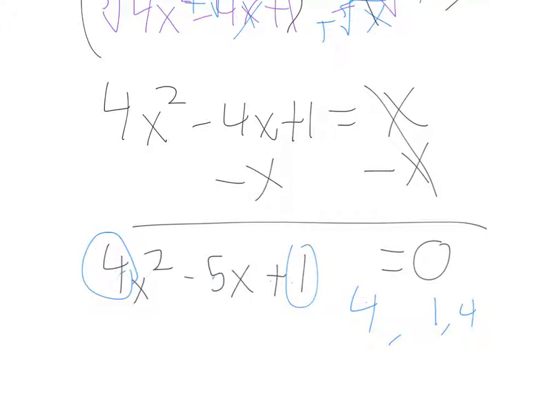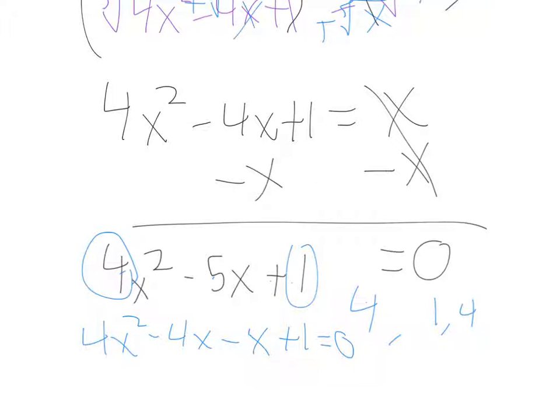So now it'd actually probably be easier to do factor by grouping. 5x can be rewritten as negative 4x minus x, and then plus 1 equals 0.